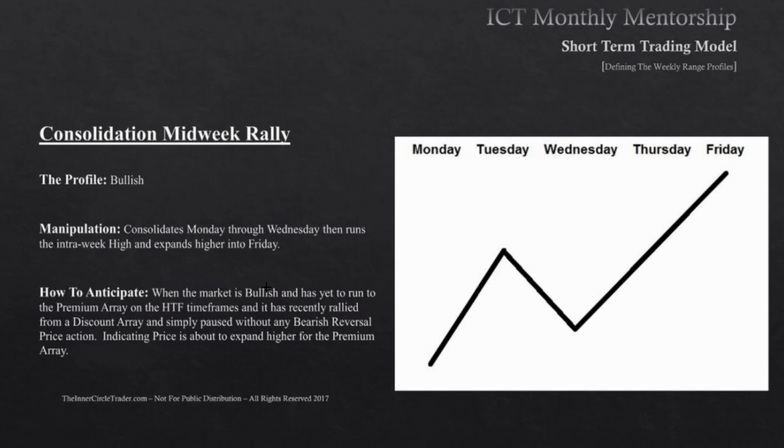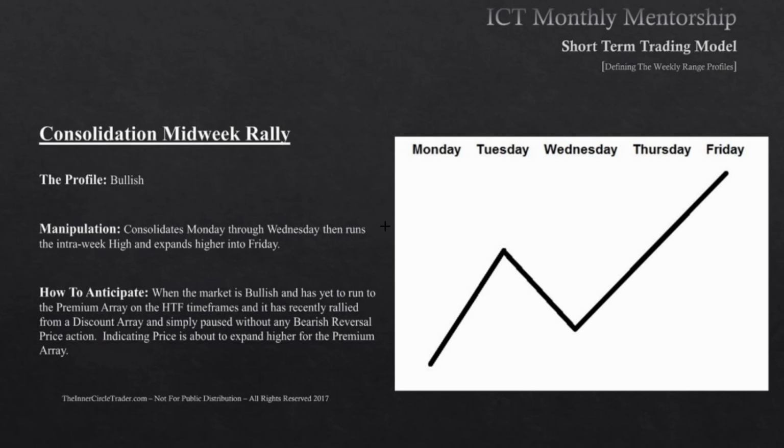Price has yet to run to the premium array on the higher time frames, which are the relative equal highs which market failed to trade to last week, and it has recently rallied from a discount array, which is the daily bullish order block, and simply paused without any bearish reversal price action, indicating price is about to expand higher for the premium array.